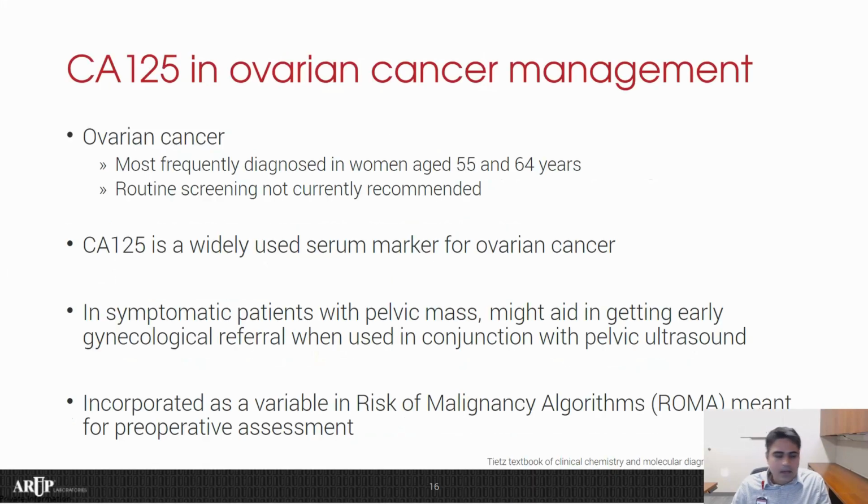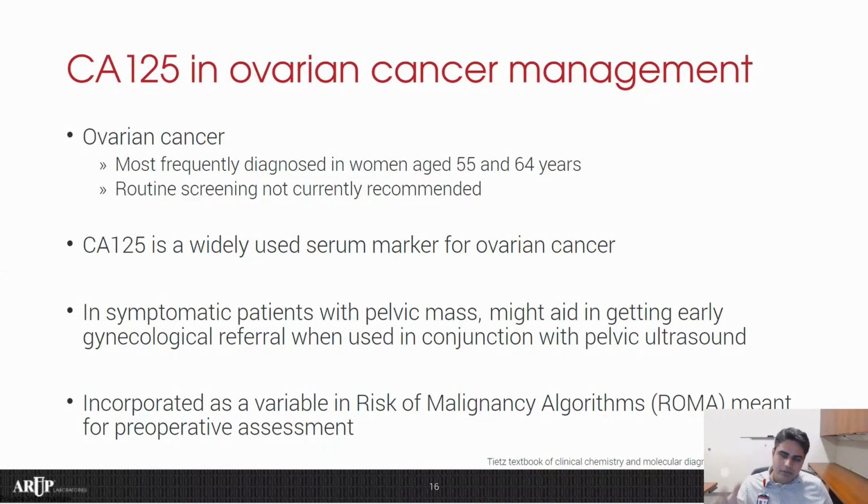So now let's talk a little bit about a more specific example of a tumor marker, which is CA125 in ovarian cancer management. So ovarian cancer is most frequently diagnosed in women who are 55 to 64 years of age, and routine screening of ovarian cancer is not really recommended because it does not reduce fatalities.